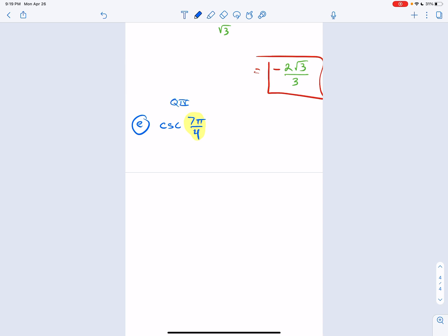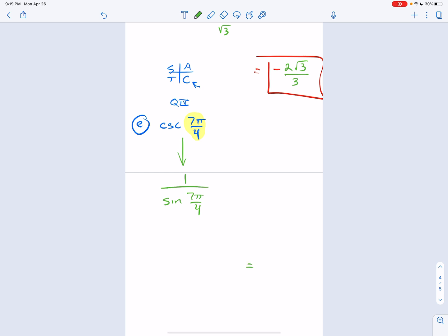So I know it's all students take calculus. C stands for cosine. So cosine will be positive there. I remember that cosecant is the reciprocal of sine. Okay, so since we're dealing with sine here, I know that in the fourth quadrant, sine cannot be positive because cosine is positive here.